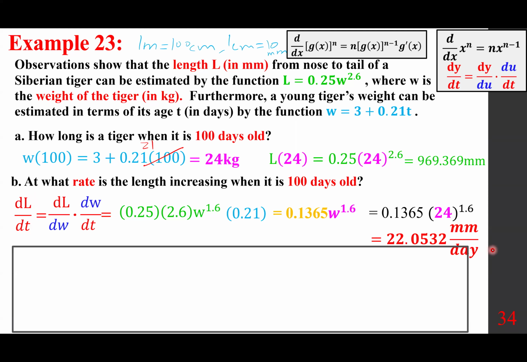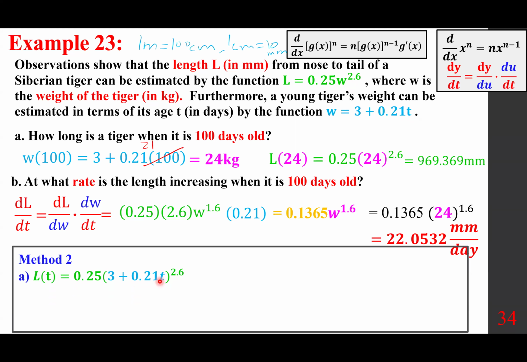Now, this is fine, and we're done. This case is simple enough that we can find the composite function. That means L is a function of W; make it a function of T by replacing the W with 3 plus 0.21T. So here's the second method, find the composite function.